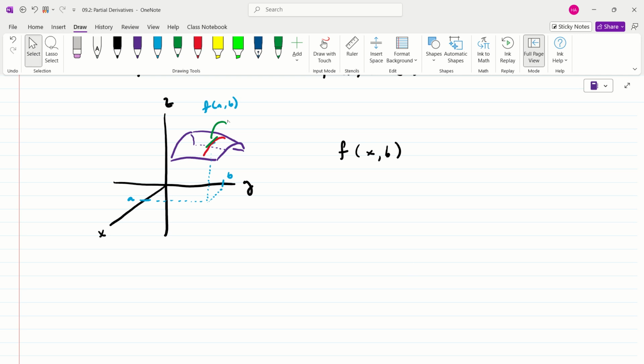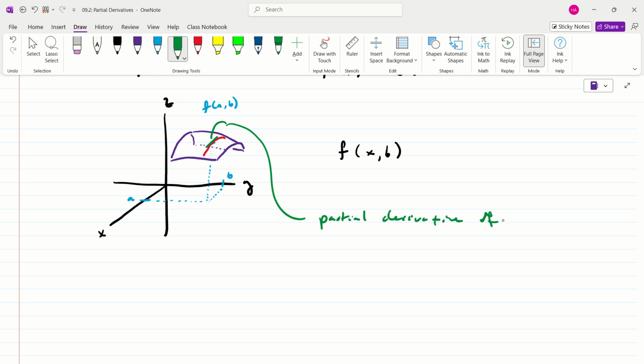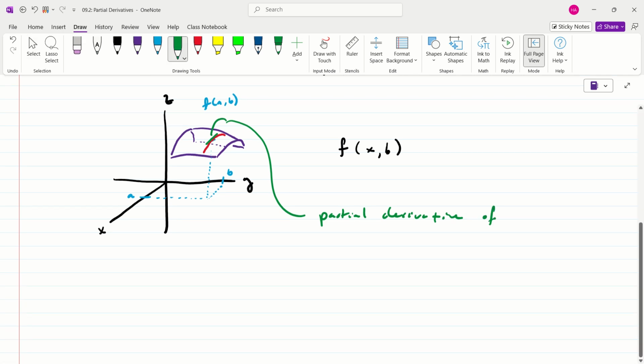So again, the slope of this curve is what we're calling the partial derivative of f of x, y with respect to x at the point a, b.